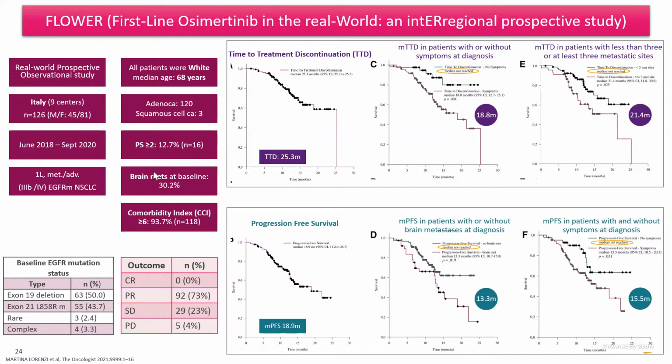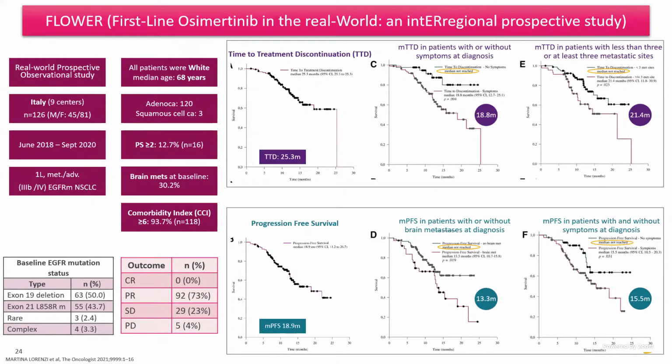Time to treatment discontinuation, TTD, is 25.5 months. Median time to treatment discontinuation in patients with or without symptoms at diagnosis 18.8 months. Less than 3 or at least 4 metastatic sites, median time to treatment discontinuation is 21.4 months. Progression-free survival, median PFS is 18.9 months, which is almost the same as that of the FLAURA trial.